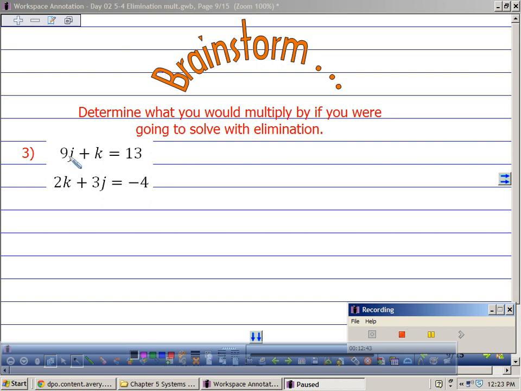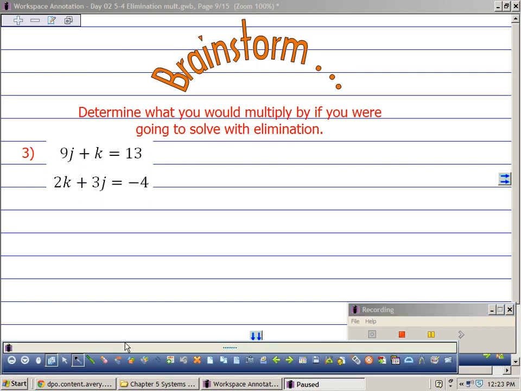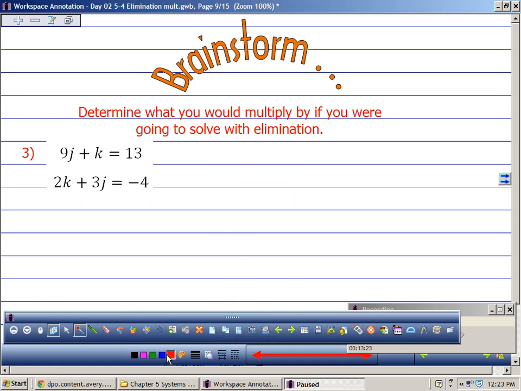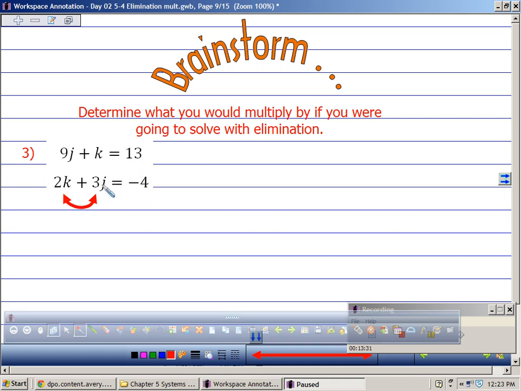K is the first term. On the top, they've got J as being the first term. That's one thing we need to do. Good job, Elgin. We would use the commutative property and switch these two around. Okay, what else should we do?